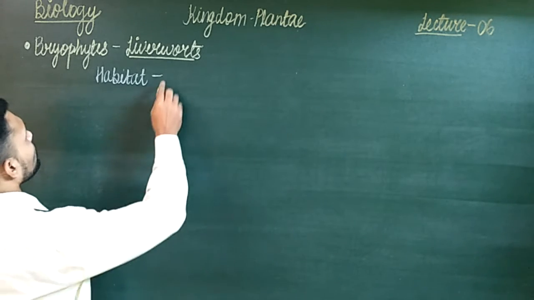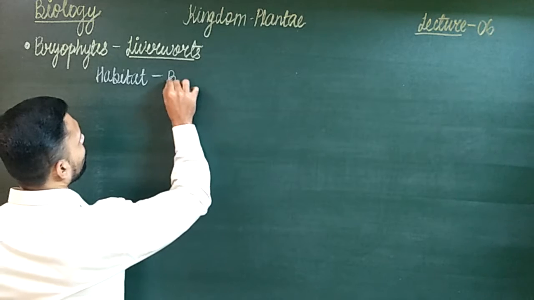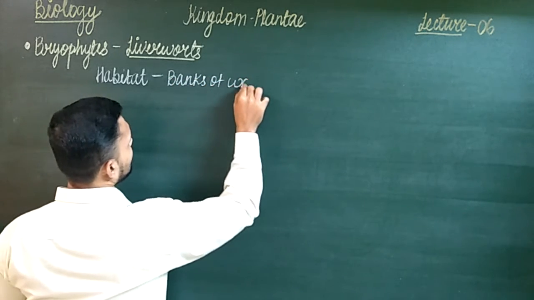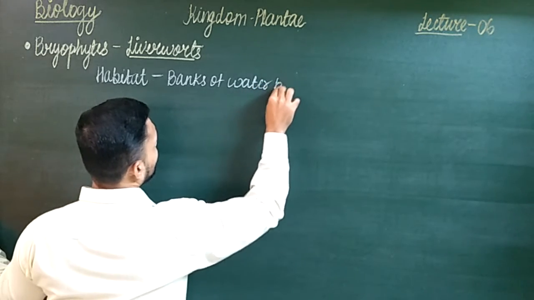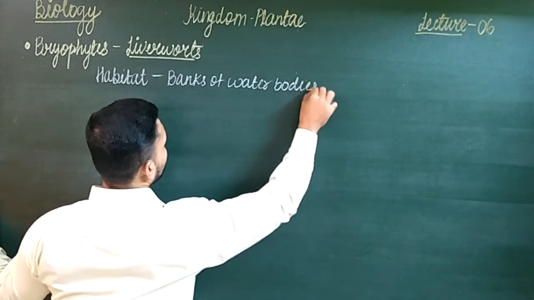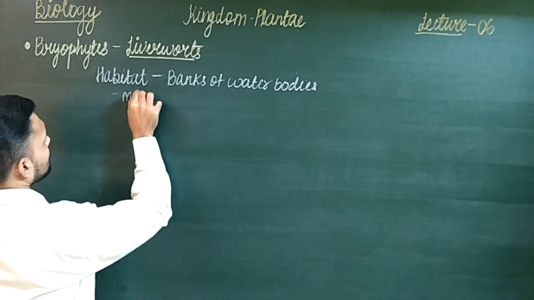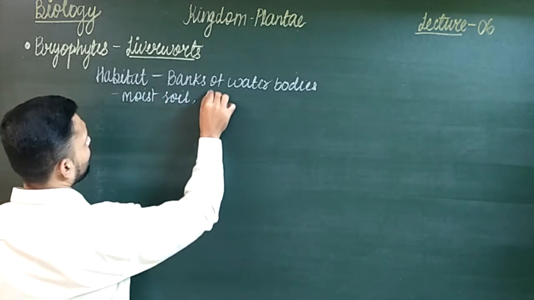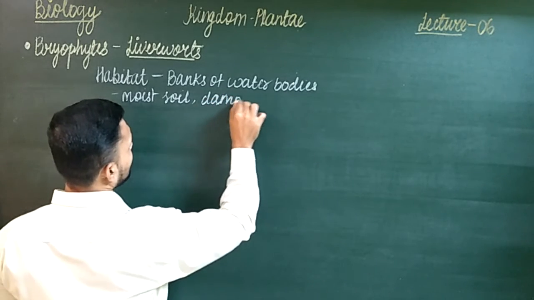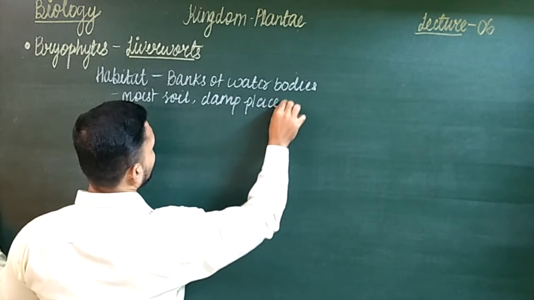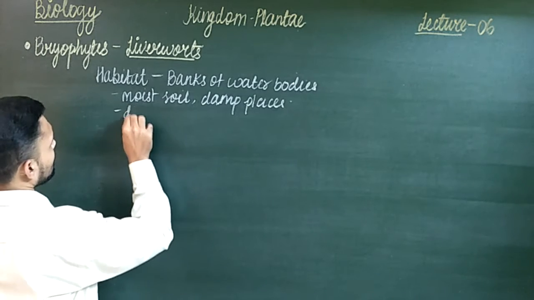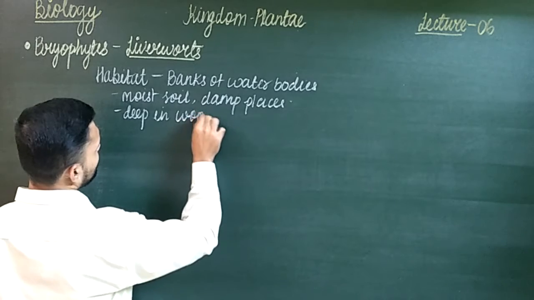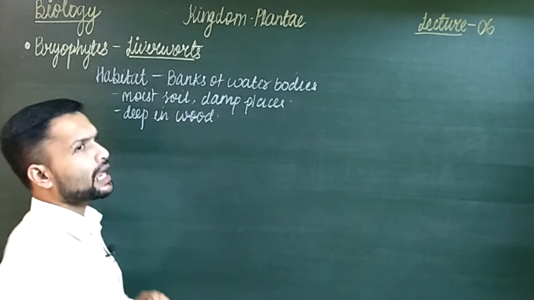So here we can see they are found on banks of water bodies, then moist soil, then damp places generally, then deep in woods. So generally these grow in these moist and damp regions.